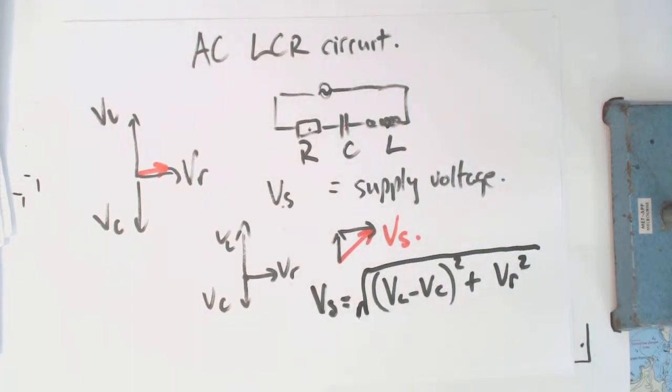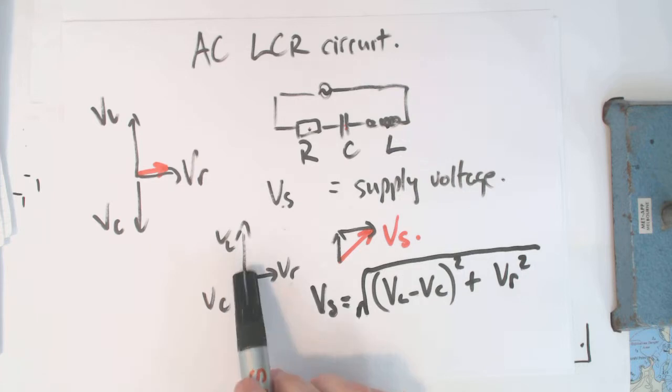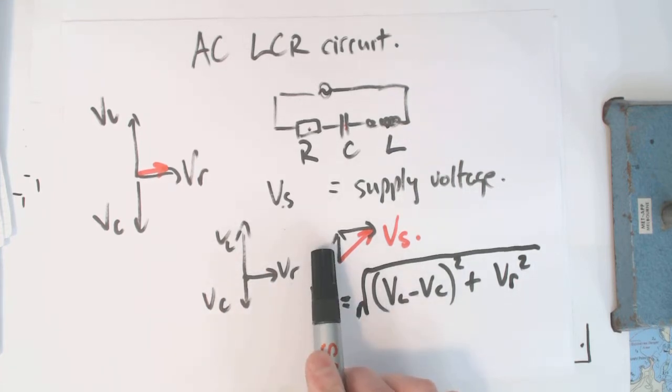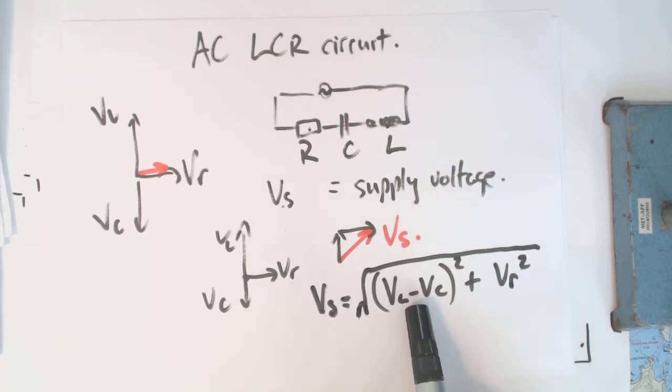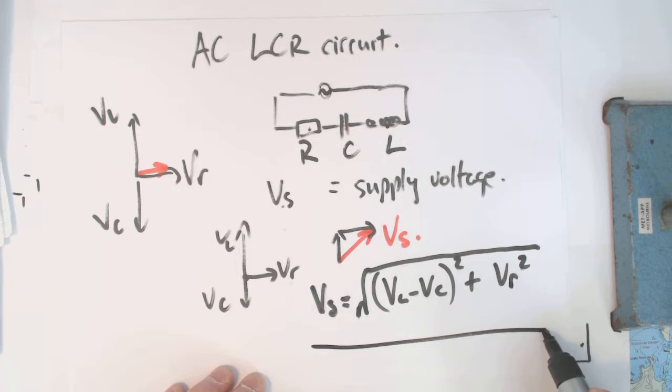It's just using Pythagoras. VL minus VC is that little vector there. VR is that little vector there. We're squaring them both, adding them, and taking the square root, and that gives us Vs. So that's the formula for voltage of supply.